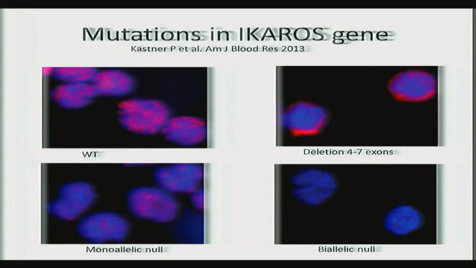And from the perspective of the cell, it stops the differentiation of the cell and switches the cells into a very immature phenotype, which is unresponsive to some of the drugs, especially asparaginase, which is one of the important drugs for acute lymphoblastic leukemia treatment. So after these discoveries, many papers appeared showing that Ikaros is important from the clinical point of view, and about 25% of patients with ALL have a deletion of Ikaros.